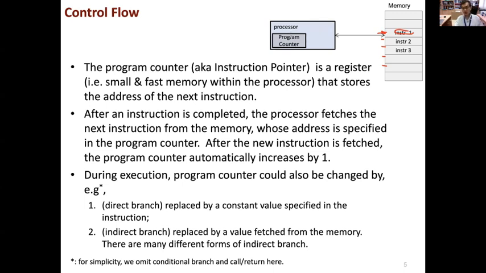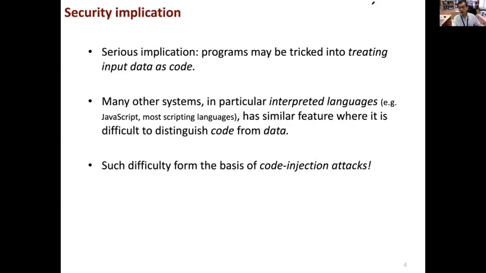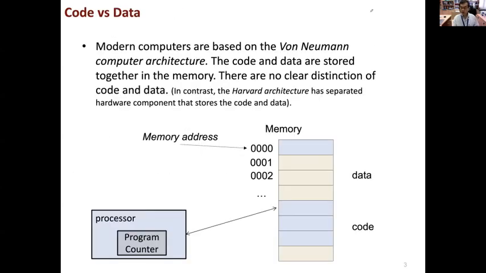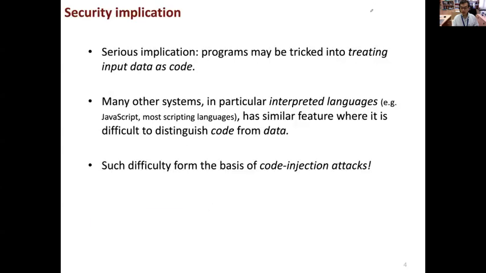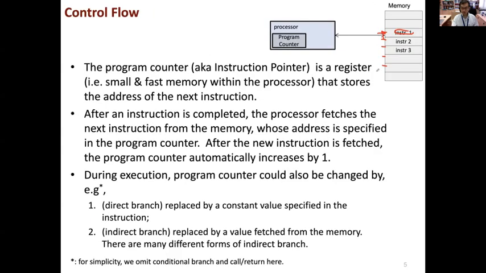After this is done, the program counter will be incremented by 1. So in the next round, the next instruction will be fetched and executed, and the third, and so on. In this way, the program will be executed sequentially, starting from the top.